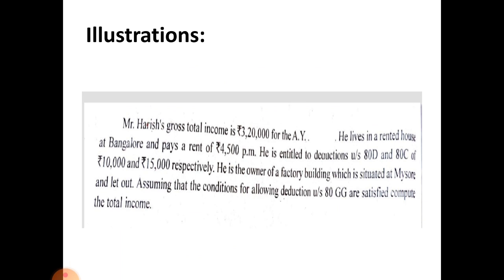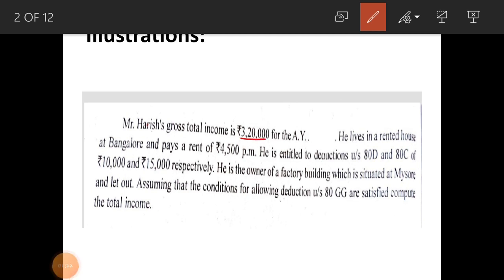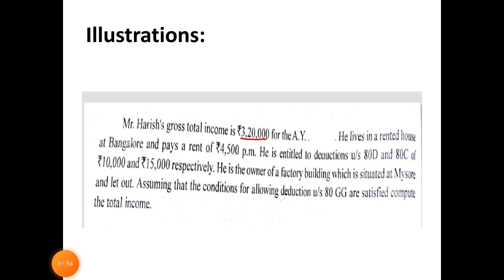In this problem, you have to calculate the total income of Mr. Harish. His gross total income amounts to rupees 3,20,000. He lives in a rented house in Bangalore and the rent is rupees 4,500 per month. 4,500 per month means for a year it amounts to rupees 54,000.